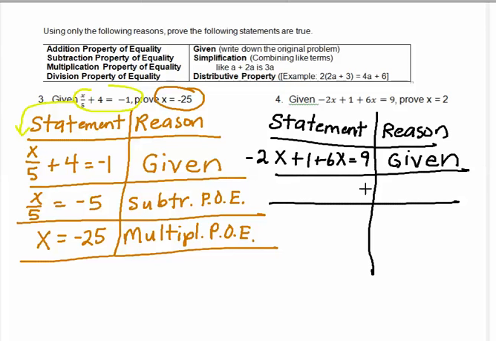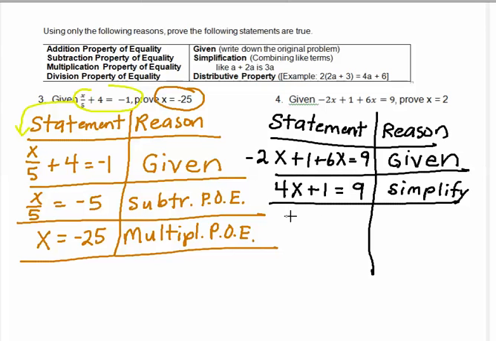Okay. On the very next line, in this case, this is something we haven't done yet, I would combine my like terms. And combining like terms is simplifying. So my negative 2x and my positive 6x will become 4x. I'm going to call that simplify.